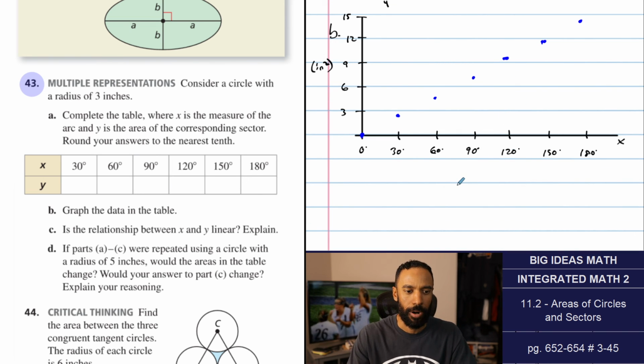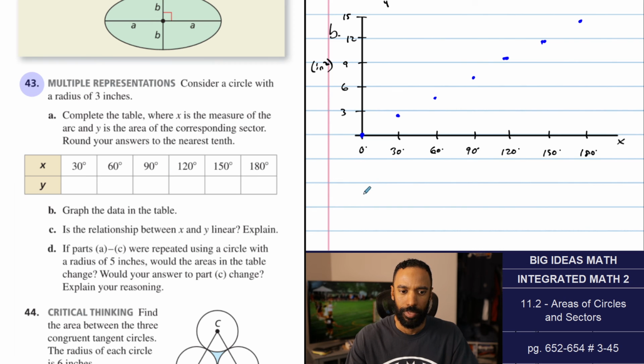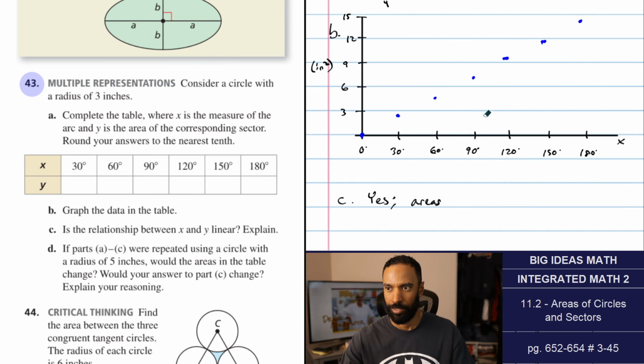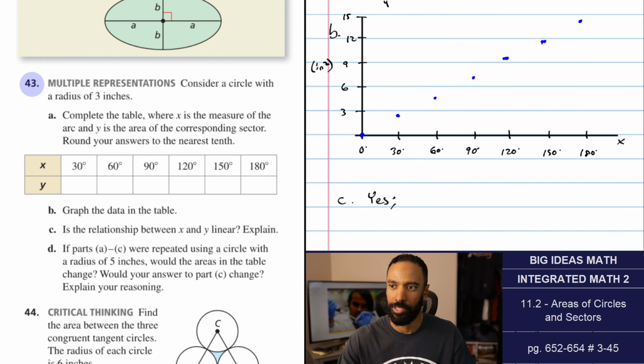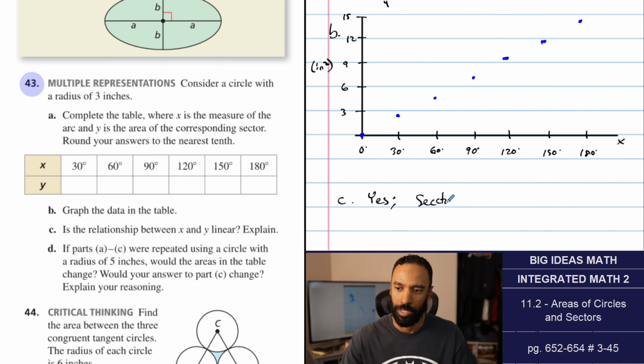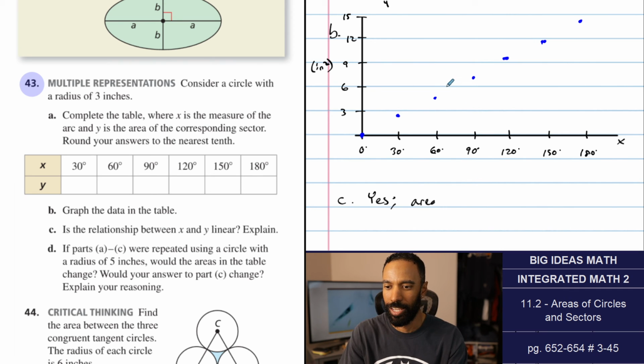That's part B. Part C, is the relationship between x and y linear? Yes.